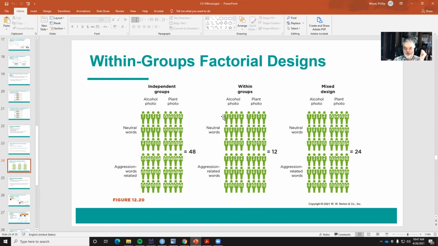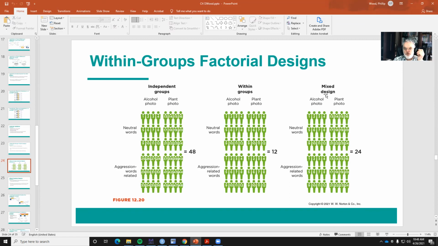Maybe some of my people are just systematically quicker with reaction time than other people. Well, a within groups design is going to be more powerful because I can adjust for that, it's like everyone's matched across all of the conditions. In the case of independent groups, I have maybe the need to get more people because there's a lot of variation going on between people across conditions.